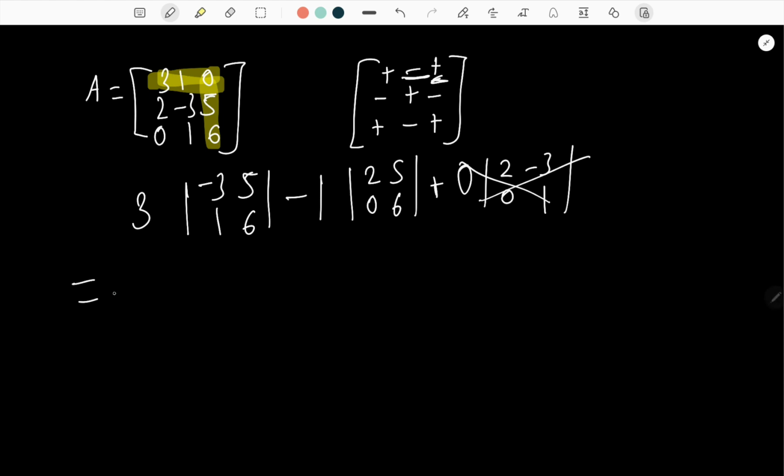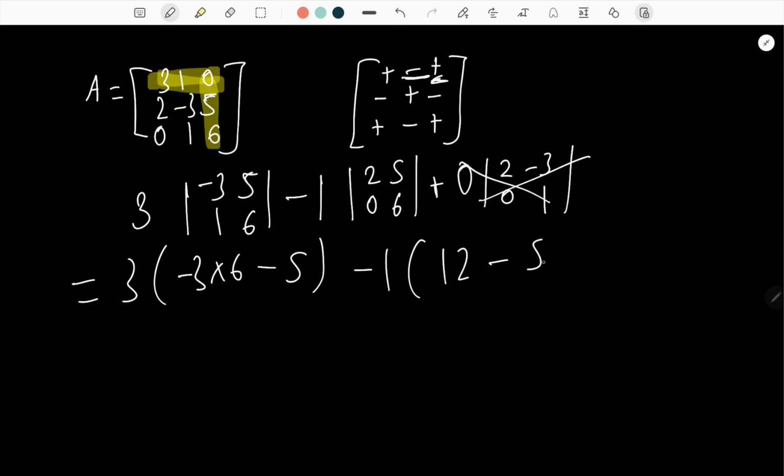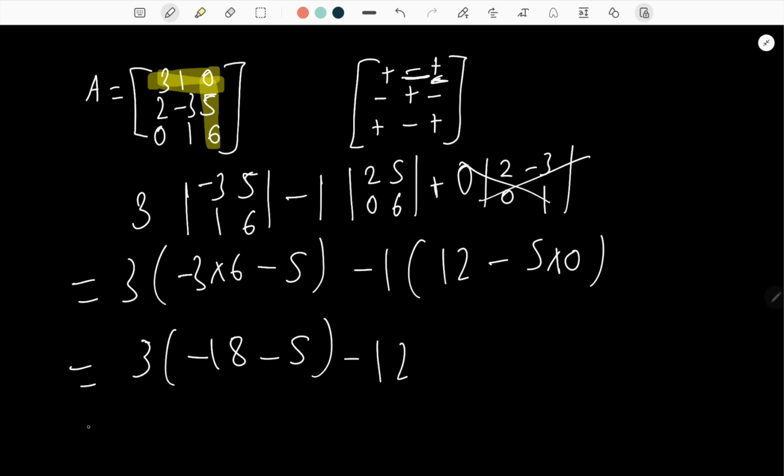Now if you simplify this answer, it will be 3 times negative 3 times 6 minus 5 minus 1, open brackets, 12 minus 5 times 0, and simplified it will be 3 times negative 18 minus 5 minus 1 times 12, and then more simplified, let me get the final answer on my calculator.